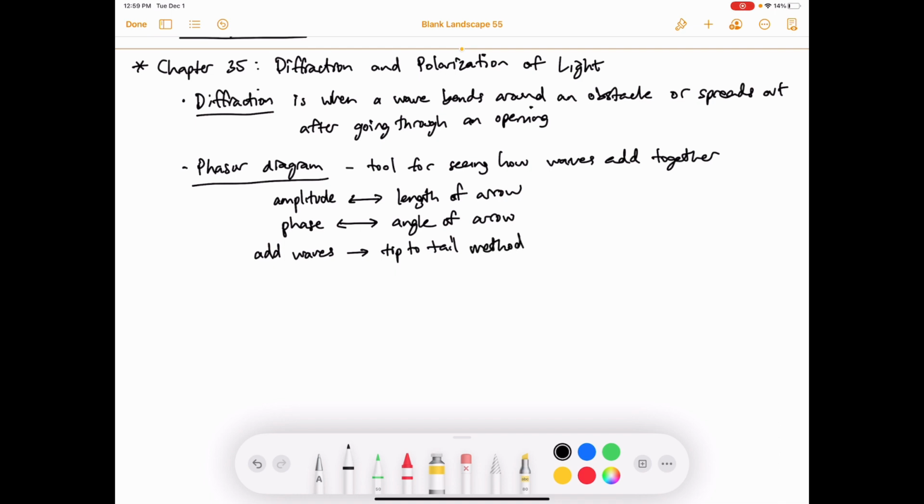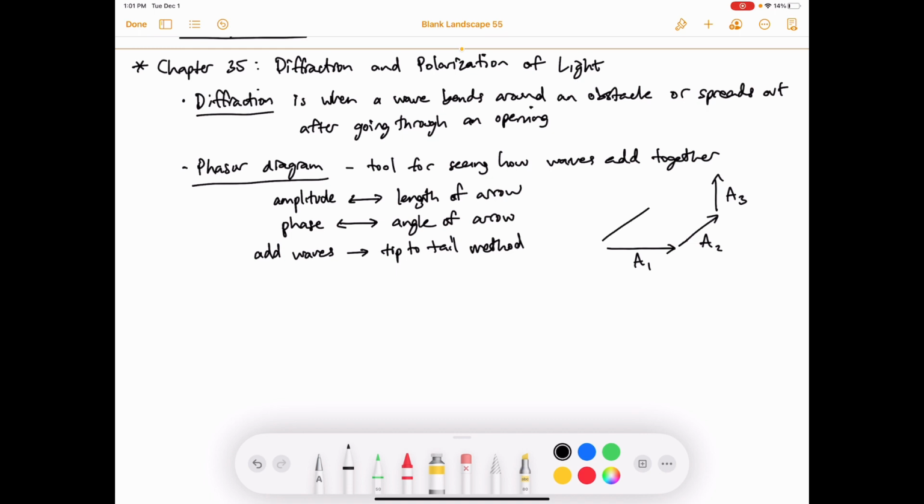Just as an example, let's say this arrow represents the first wave with amplitude A1. Let's say this arrow is the second wave with amplitude A2. I show it pointing in a different direction to denote that the first wave and the second wave are not exactly in phase. There's an angle between them. If we had a third wave, that would just be another arrow in the diagram connected tip to tail with the last one. Let's say that one has amplitude A3.